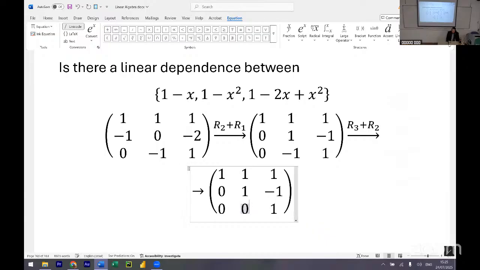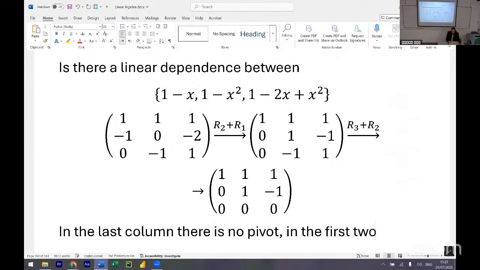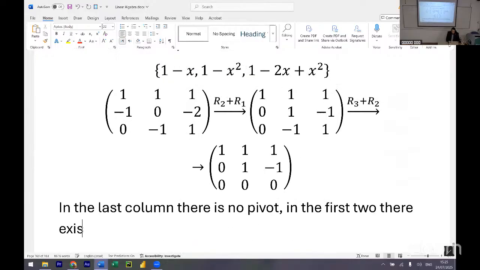The 0 row is meaningless. You get a column without a pivot. That's what you need to know. I always said that a 0 row is meaningless. Remember that? In the last column there is no pivot. In the first two, there is a pivot.